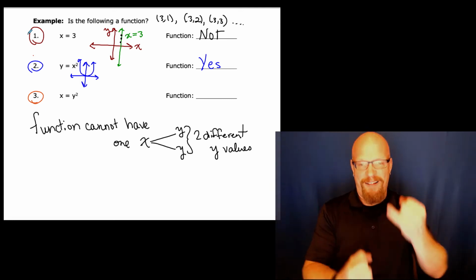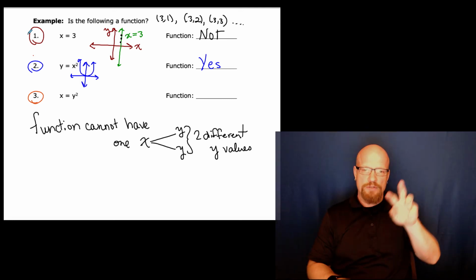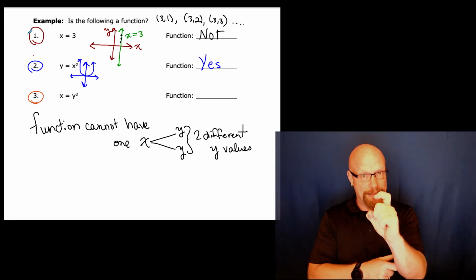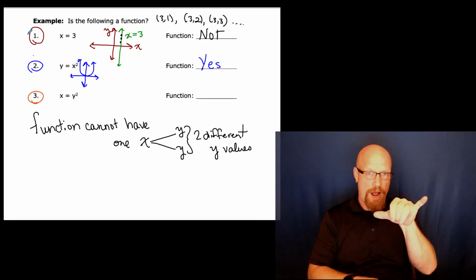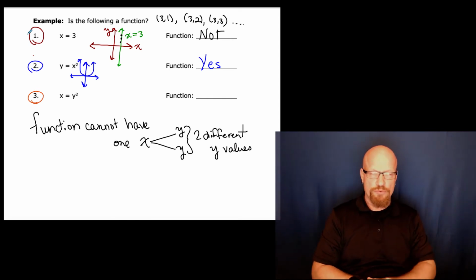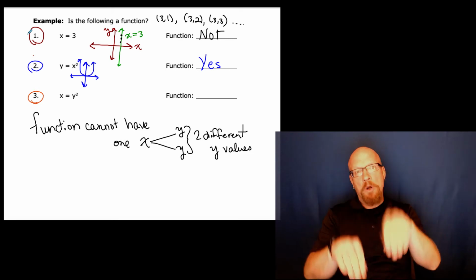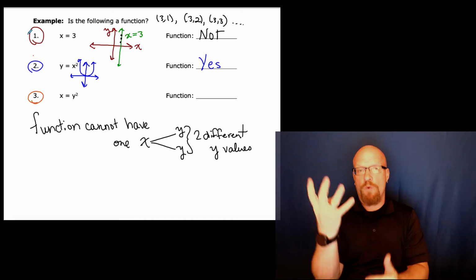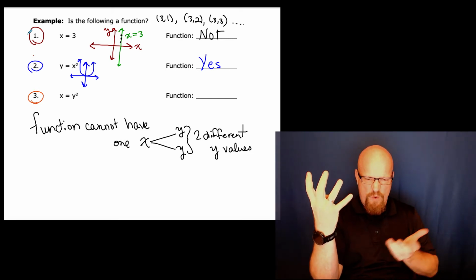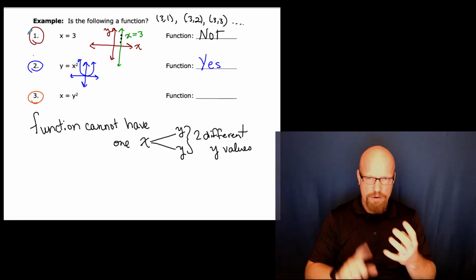And now our third example, our last one. X equals y squared. Remember, x is our input, our domain, and y is the output, the answer. If you say x equals 4, now what number squared equals 4?